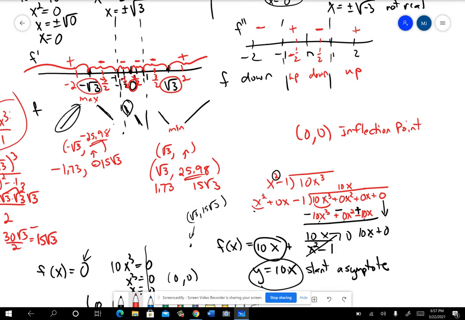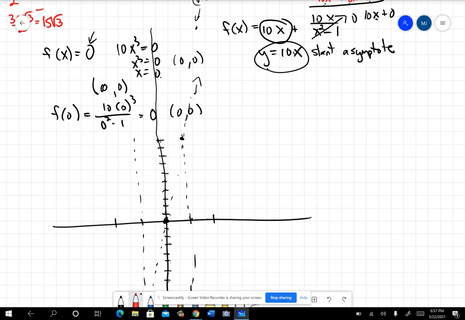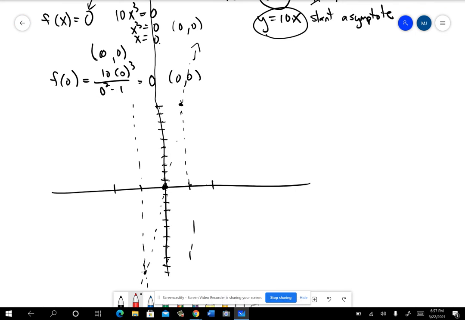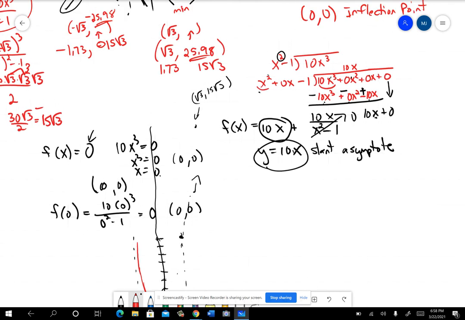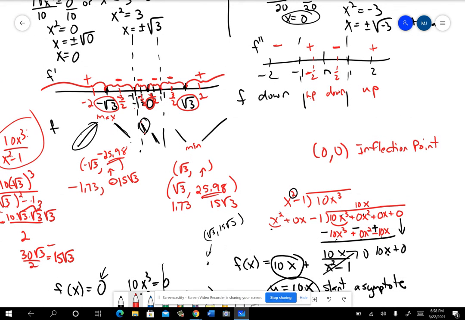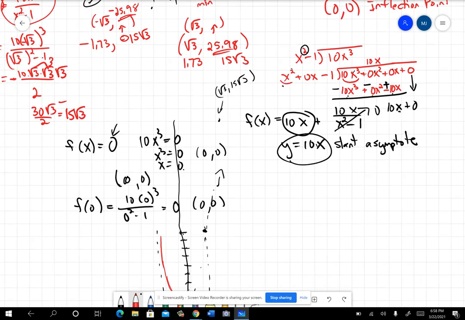We're looking at that stretch from -1 to 0. So we need it to be decreasing, but concave up. Then from 0 to 1, we want that to be concave down, and from 0 to 1, it's still decreasing.